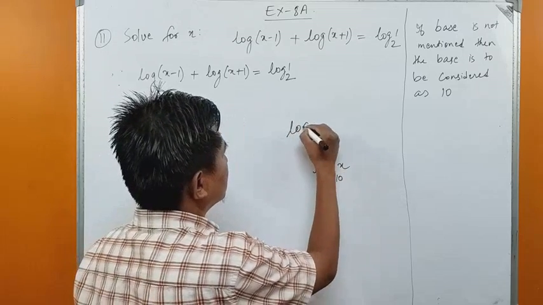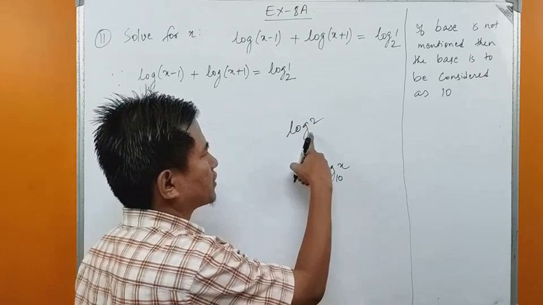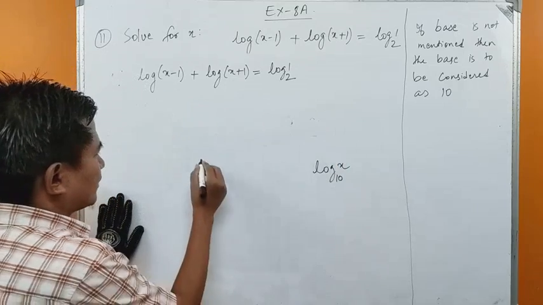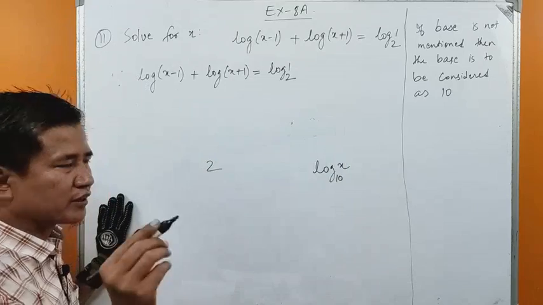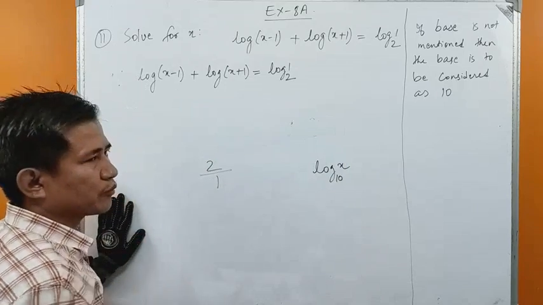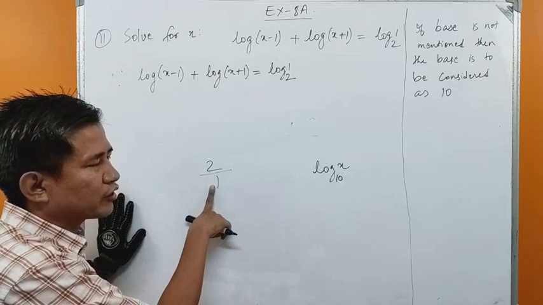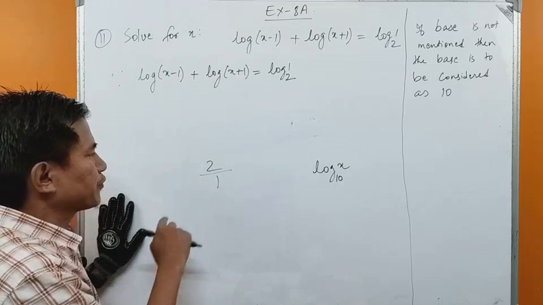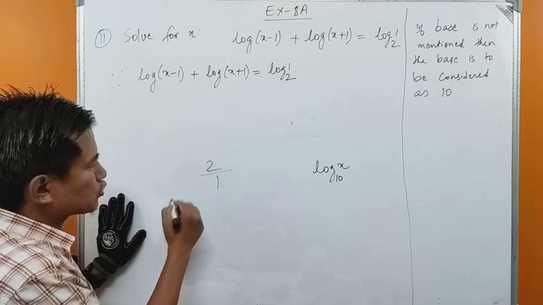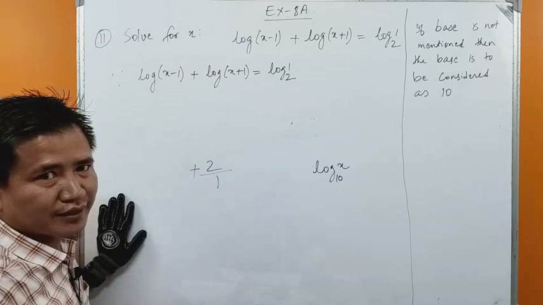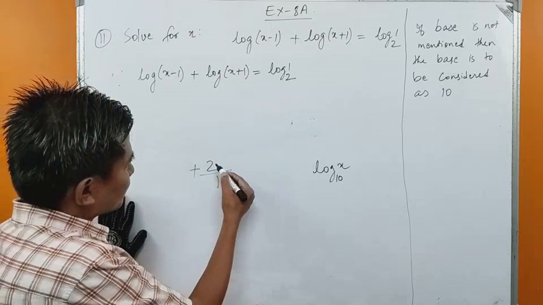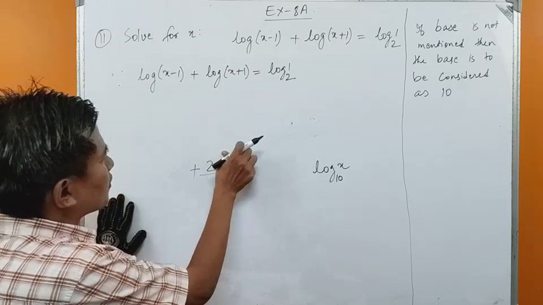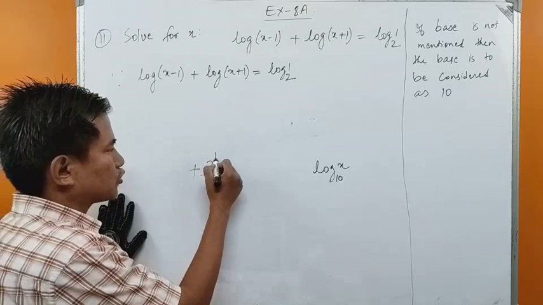If I write log 2, no base is given here, then we must understand the base is 10. Like if I write 2 here, what we must understand is there is 1 in the denominator, isn't it? If there is no number in the denominator, means 1 should be in the denominator. If there is no sign in front of this 2, we must understand there is a plus sign in front of 2. And if there is no power mentioned, like 2 square, 2 cube, we must understand the power of this 2 is 1.